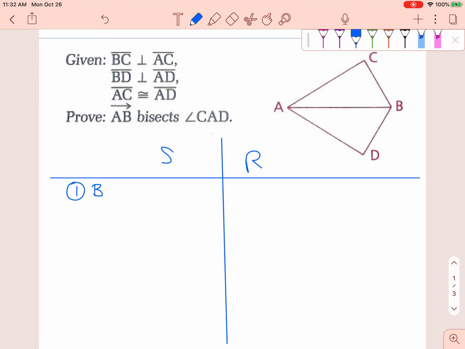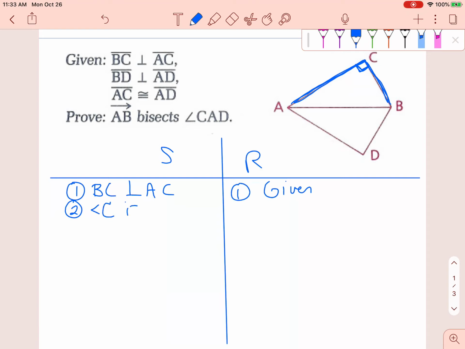We are given that BC is perpendicular to AC, given. So BC right here is perpendicular to AC right here. And so whenever we have 2 segments that are perpendicular, it creates a right angle. So I'm going to put that down.